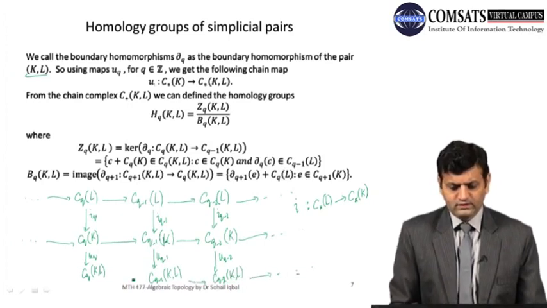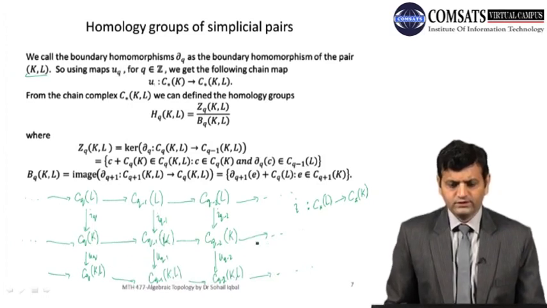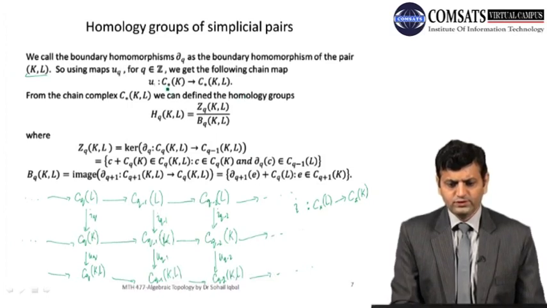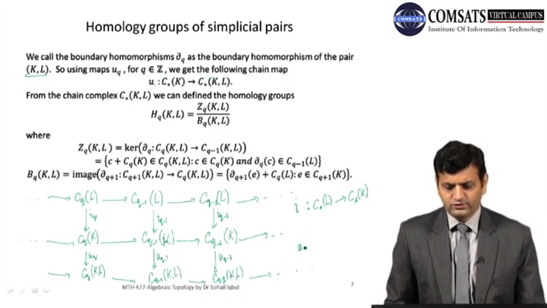And this is a commutative diagram. We already showed how this is a commutative diagram. So these u_q will give me the following chain map: u from C_star K to C_star (K,L).